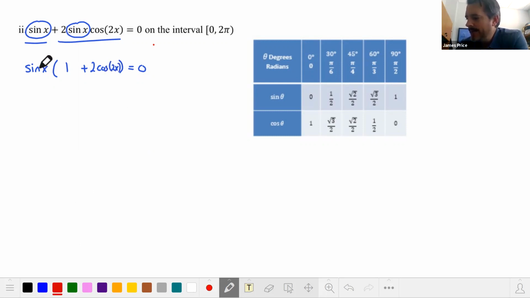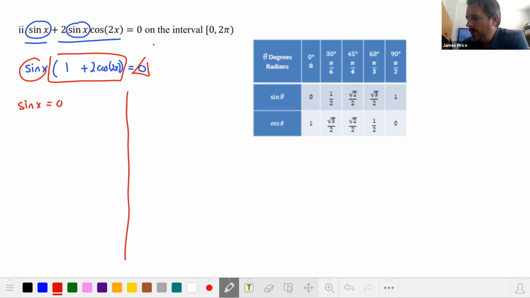And now we have this times that is equal to 0. So now we either know sine of x is equal to 0, or we have 1 plus 2 times cosine of 2x is equal to 0.